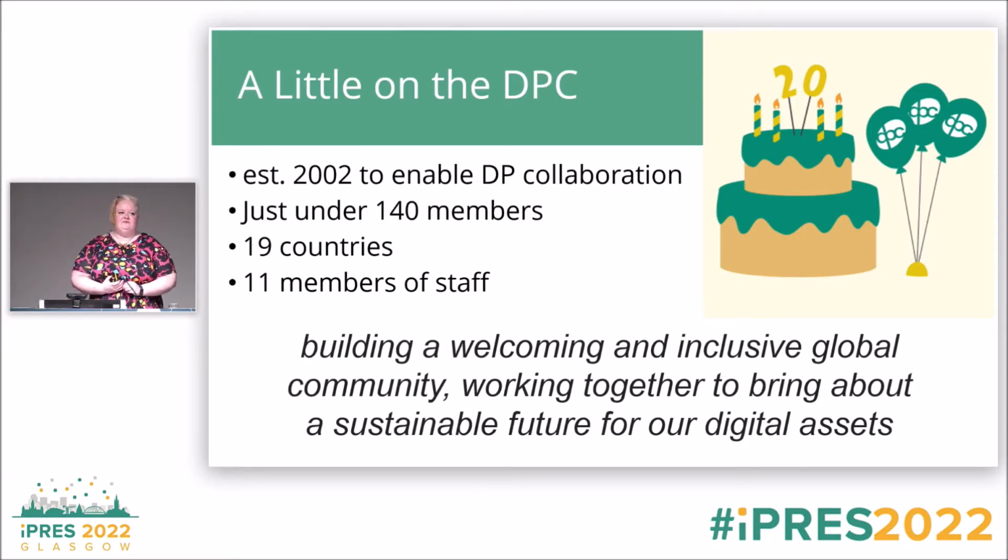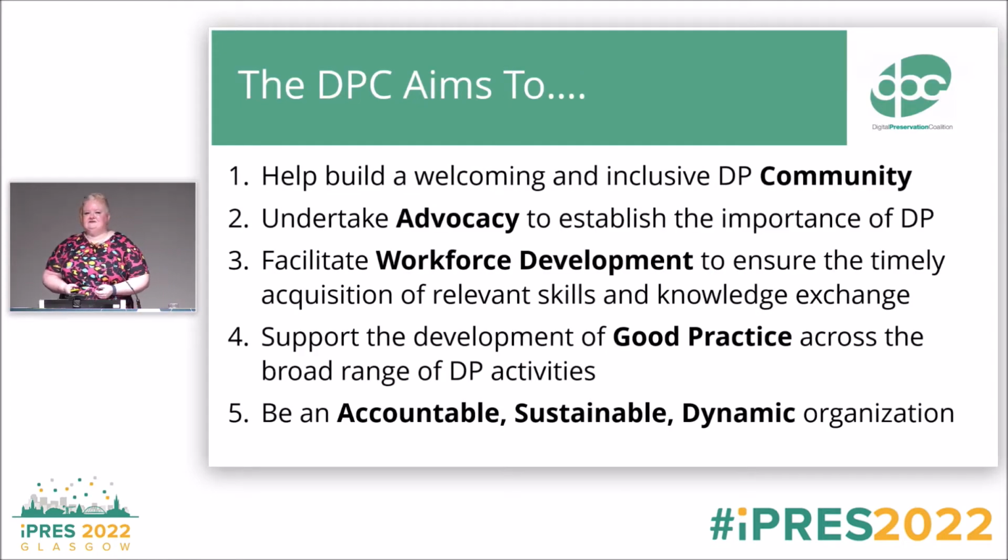So that's why we've put a lot of time into developing these types of resources around continuous improvement, to help people build their capacity for digital preservation work and to understand how to do that over time. Our aims are around 5 key strategic areas. We do work around developing a welcoming and inclusive community. We undertake advocacy work both internally with our members and externally to the broader community and to stakeholders within the digital preservation world.